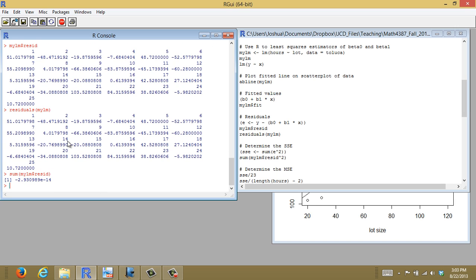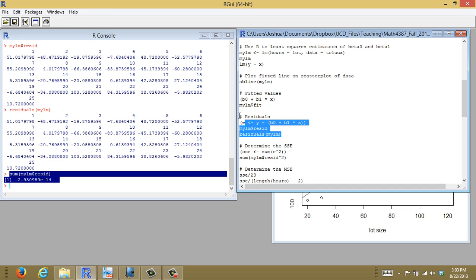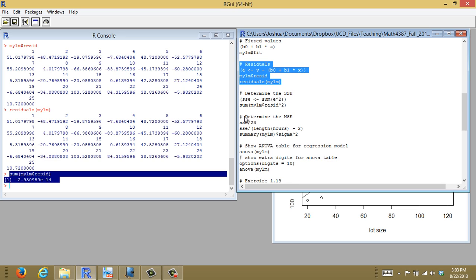You can see here that we get negative 2.9 times 10 to the negative 14 power. There's going to be some numerical error in these computations, but for all intents and purposes this is 0. So the sum of the residuals is equal to 0. That's how we obtain the fitted values and residuals directly in R.